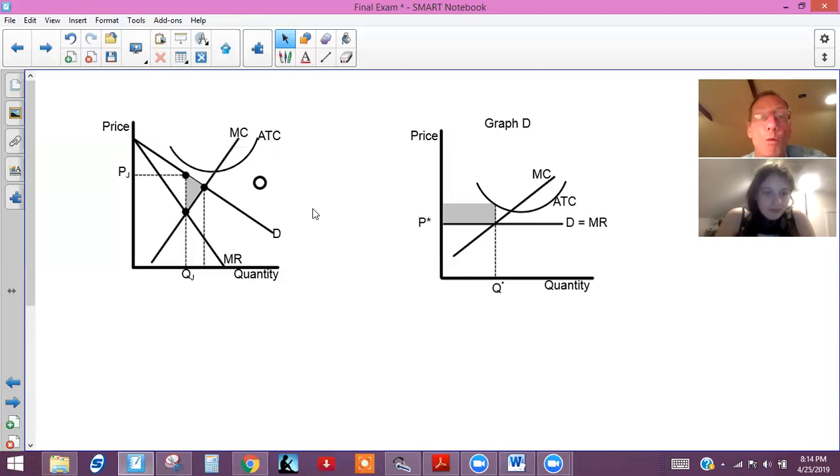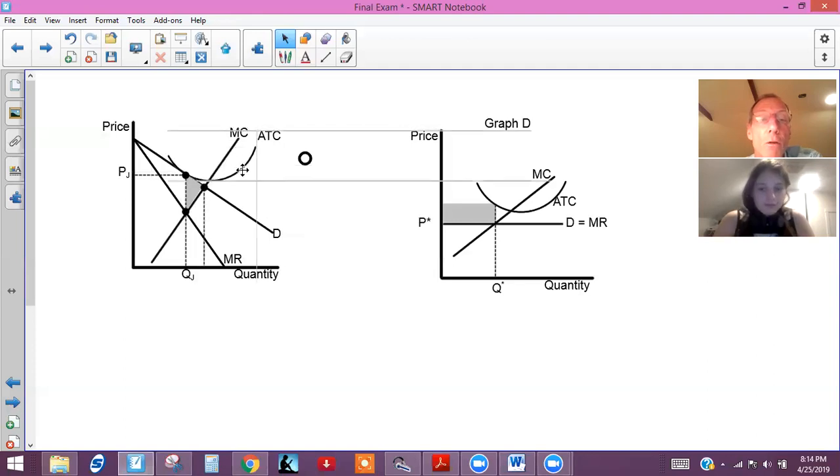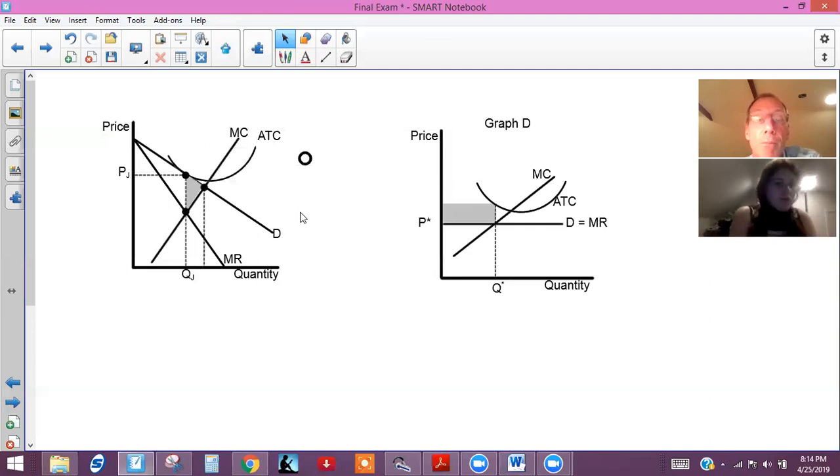So I will just review that on any graph, whether it's a firm right here that's in a perfectly competitive market or a monopoly right here. If price equals average total cost, then we call that productive efficiency. If the price or the revenue is equal to the cost, right?